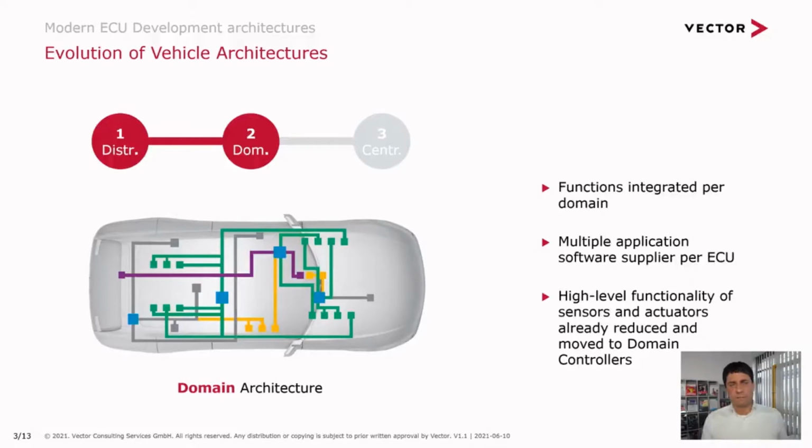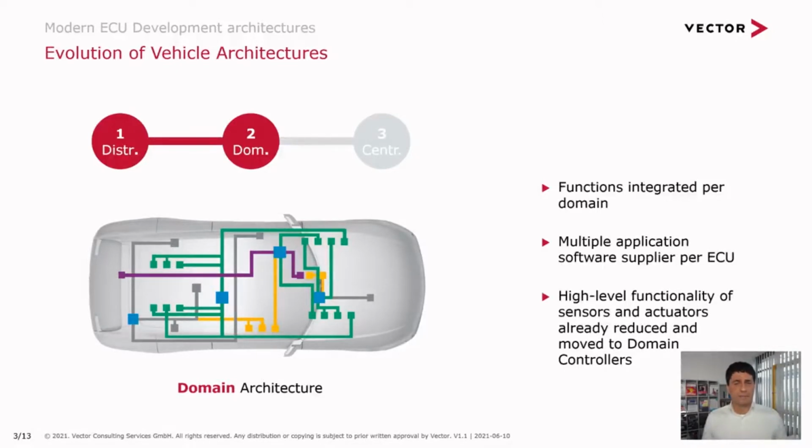So we have software relevant to different functionalities, maybe provided by different suppliers, and they share sensors and actuators which are distributed within the vehicle. In our architecture, this is provided by those slightly bigger blue boxes. And this is already a big benefit.